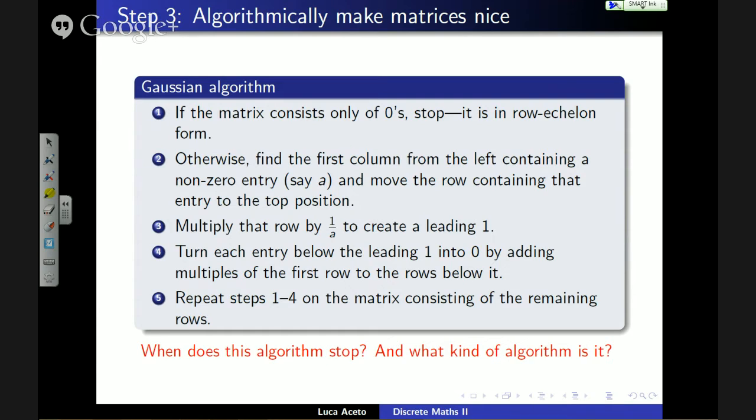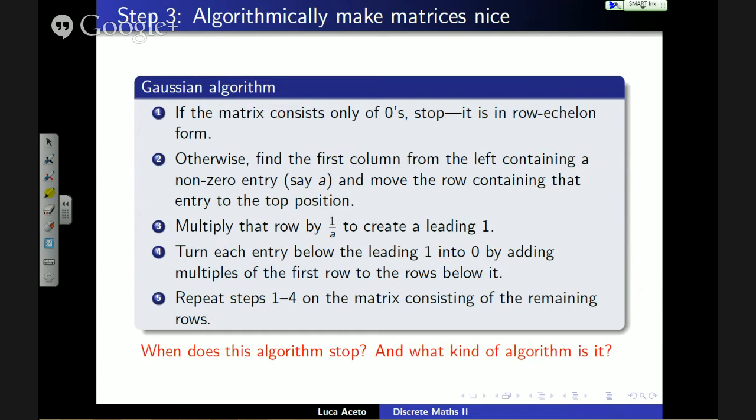Now, what is it that we want to do? All of the rows below must have zeros under the 1 that we've just created. Why? Because we want the matrix to have that staircase form. So for the rows below, if there is something which is not a 0 below the 1, it has to become a 0. Otherwise, there is no staircase form.